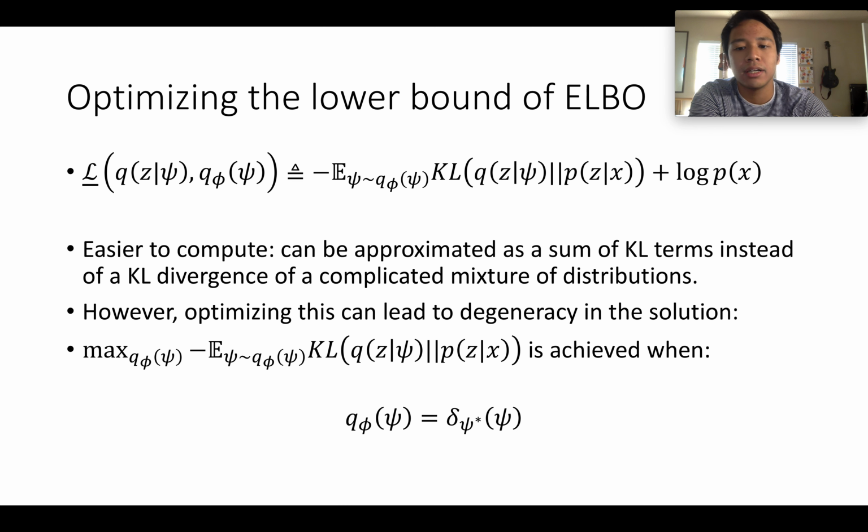To see this, note that L underbar is an average with respect to the distribution q phi psi. If we want this term to be as large as possible, we would only pick the distribution with a point mass at psi star, the psi star that maximizes the term inside the expectation. Thus, optimizing this lower bound to the ELBO could lead to solutions that degenerate to ordinary variational inference.